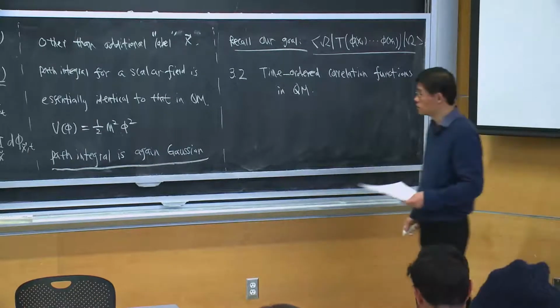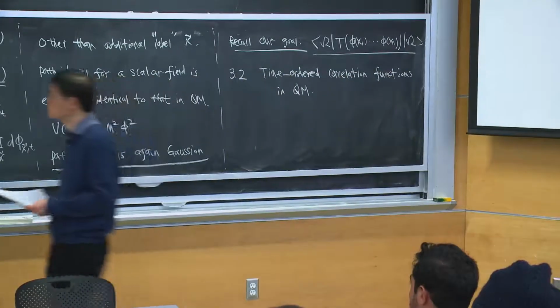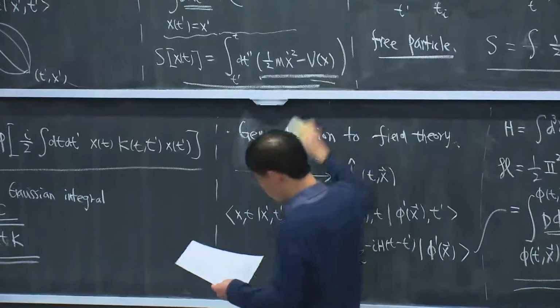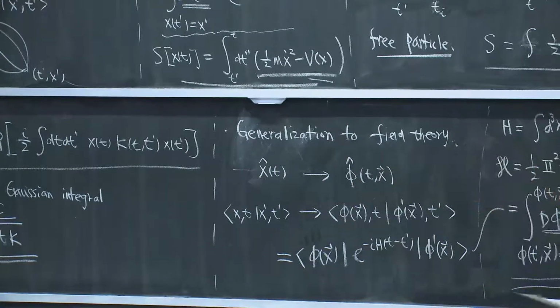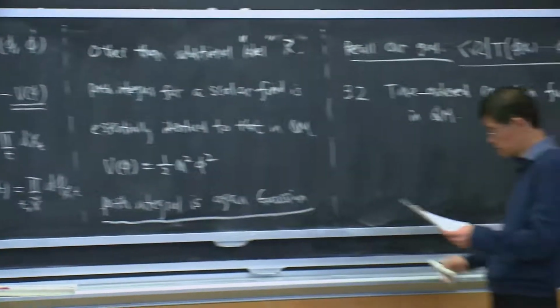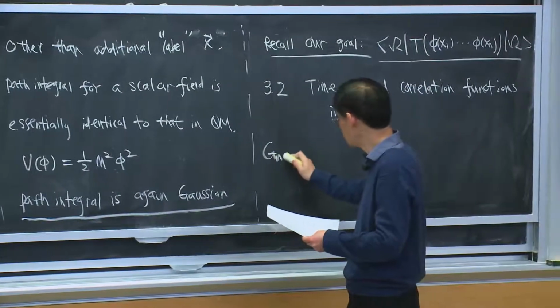So again, let's consider a system with a Lagrangian of this form, just a one-particle theory. Then the analog of this object is this object. Let's call it Gn.